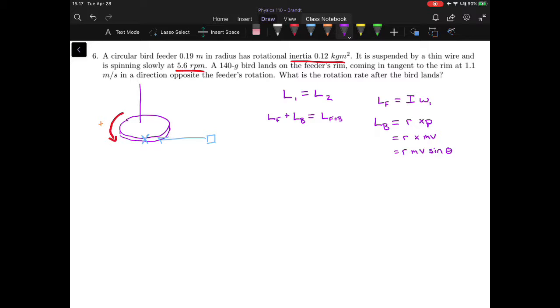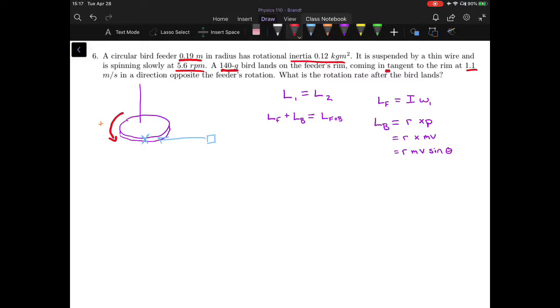Well, we know how far away it lands. It lands on the edge of the rim, and we know that the feeder has a radius of 0.19. We know the mass of that bird. We know how fast that bird is coming in. And so the last thing we need is to figure out what that angle is.